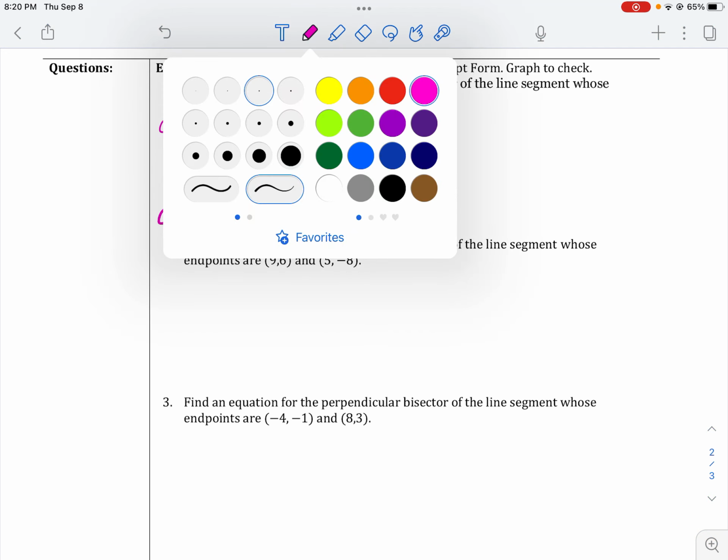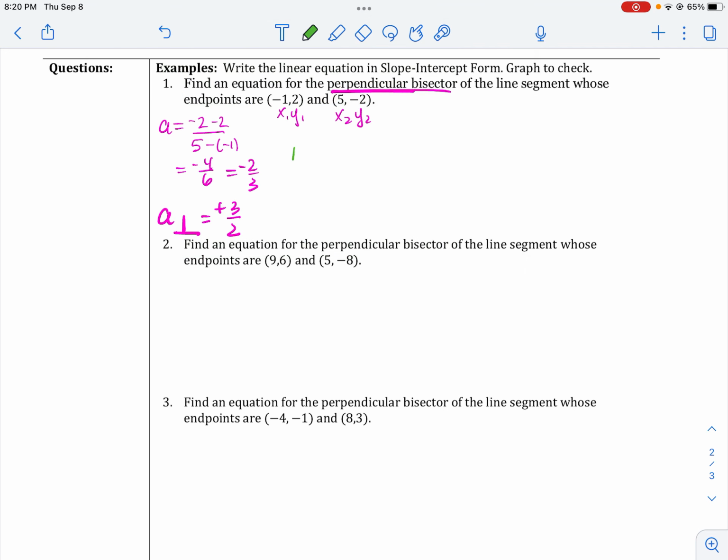Now, I'm going to find the midpoint. So midpoint, that's -1 plus 5 over 2. We've got to do the x's first. The y's are 2 plus -2 over 2.